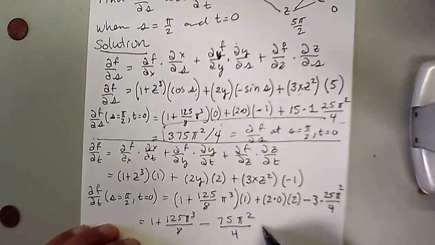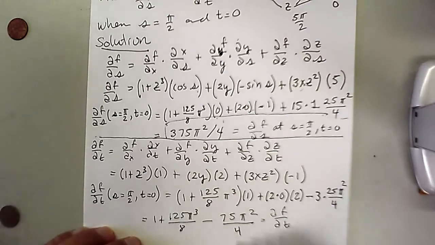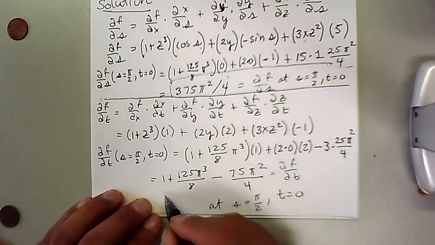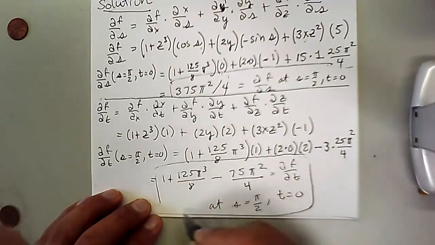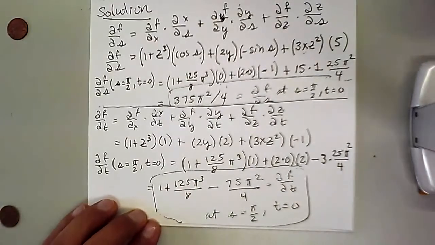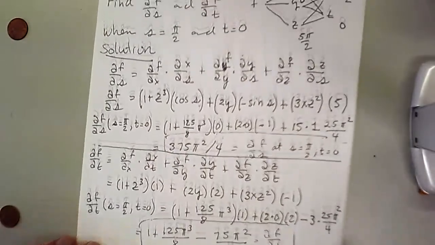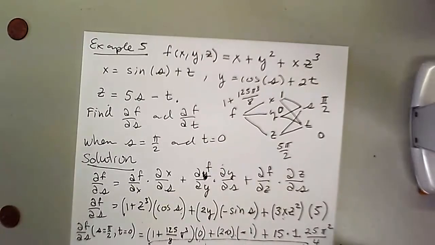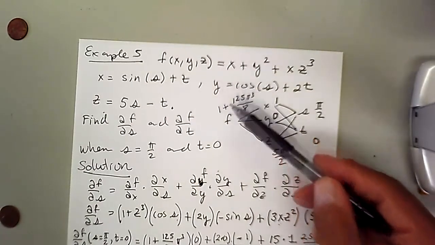And this is partial f with respect to t at s equals pi over 2, t equals 0. Sorry to not be completely open on this. I wanted to keep everything on one page so that I can go back and forth, because we want to refer back to the diagram and to the functions, where the numbers came from.